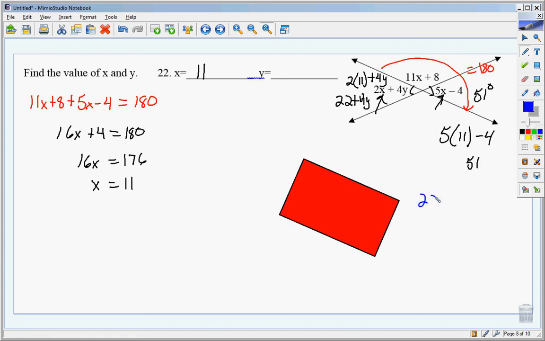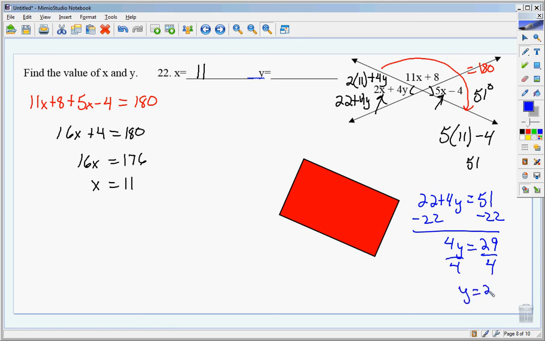So I know that 22 plus 4y is equal to 51. Subtracting 22 from both sides, I now have 4y is equal to 29, and I would divide both sides by 4.